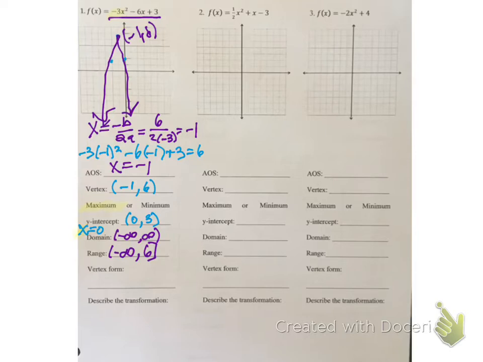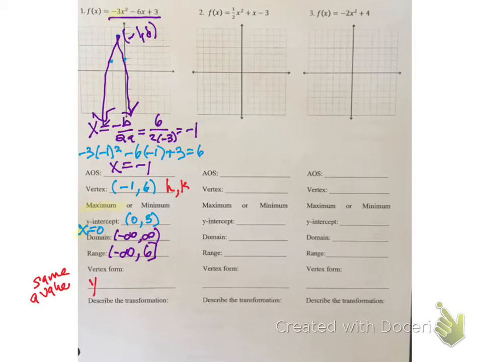Then it asks us to put this in vertex form. If I were to convert this to vertex form, what it's asking me is to put my a value, my h, and my k. My vertex is (h, k), so I can plug that in. And then my a value stays the same. Every single form of the equation of a parabola has the same a value.